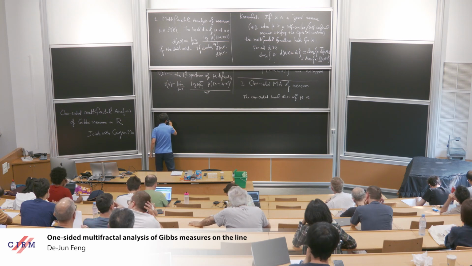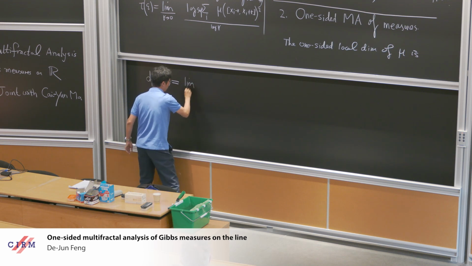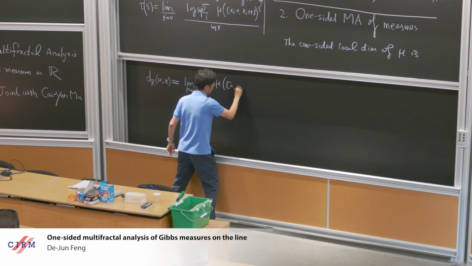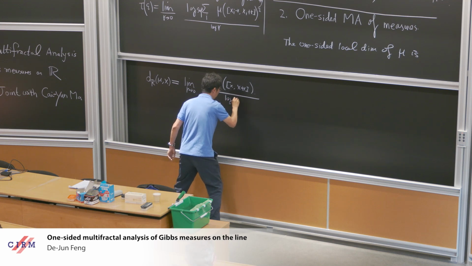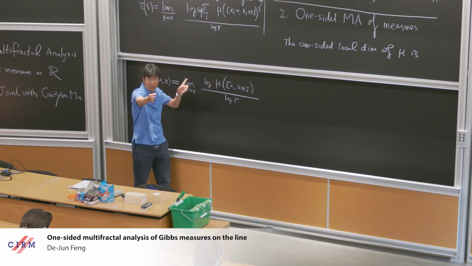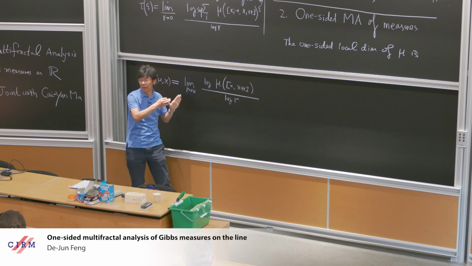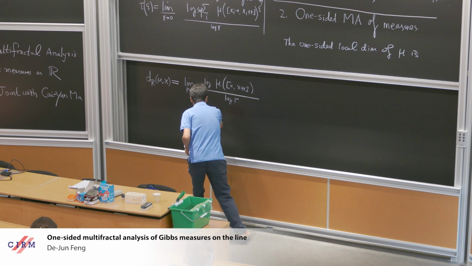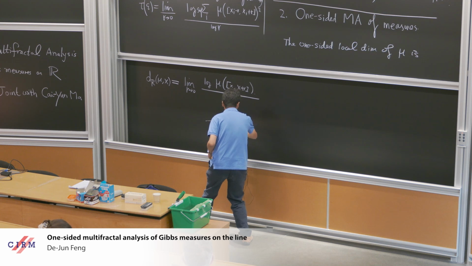We write d_R mu x to be the limit as r tends to 0 of log mu([x, x plus r]) divided by log r. In this case, we only consider one half part when we define the local dimension, from x to x plus r. So that means when we choose a point x, we only consider this part.